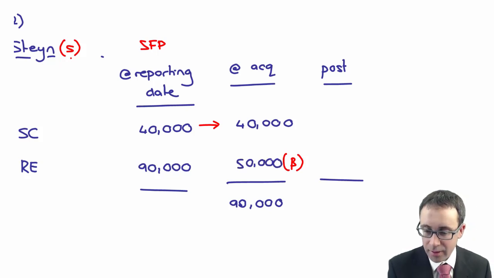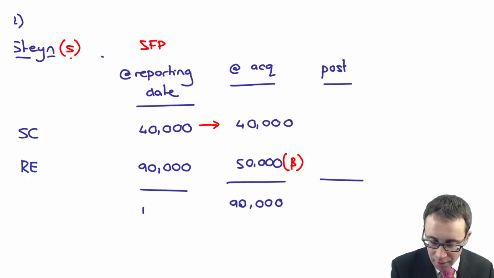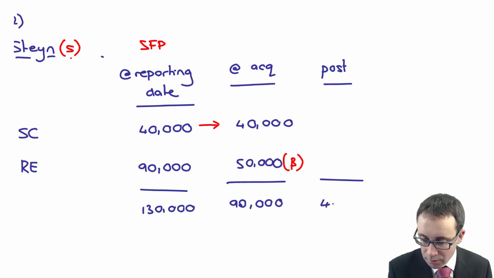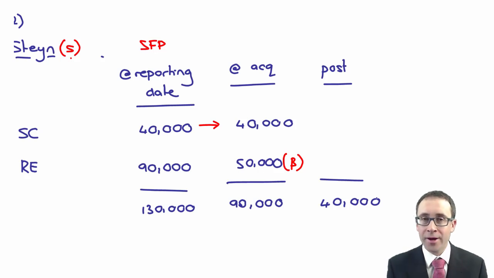So that there is 50,000. 40 and 90 is 130,000. So the post-acquisition movement is 40. And all of that belongs to retained earnings because there are no other components of equity to adjust for. There could be within the real exam. So that's Stain, all done and dusted.